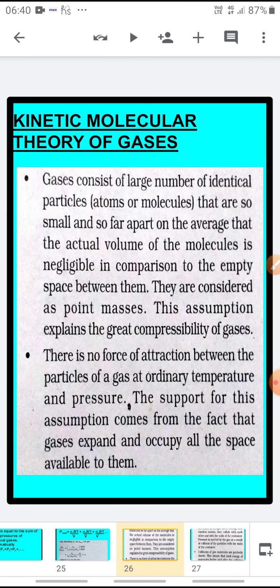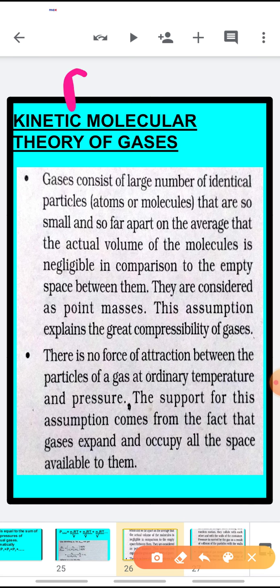Now children, I hope you have understood Dalton's law of partial pressure. Children, the ideal gas equation, that is PV equals nRT. That means for an ideal gas, pressure multiplied by volume will give you n into R into T. Now, this equation, you all know, we have derived on the basis of gas laws.